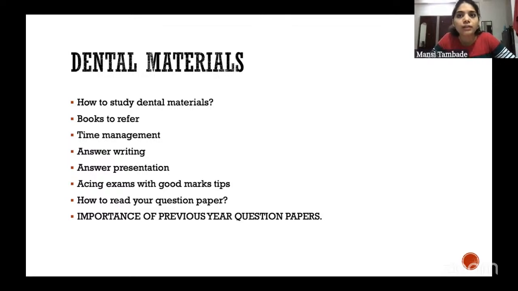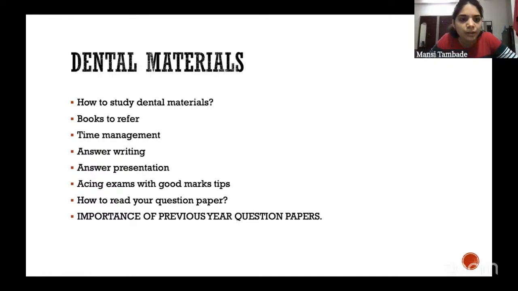In the worst case scenario, if you're not able to get used to these books, or not able to adjust to the language of these books, you can go for Manapallil. But the thing is, many facts and values are not correct in this book, so I would not suggest taking this as your first reference. You should definitely go for Phillips.